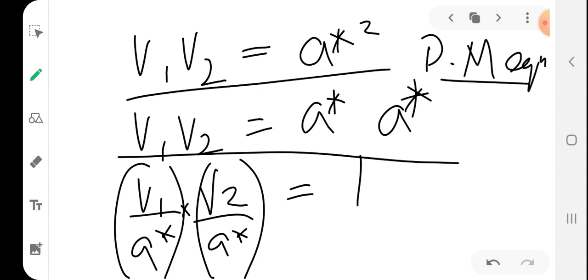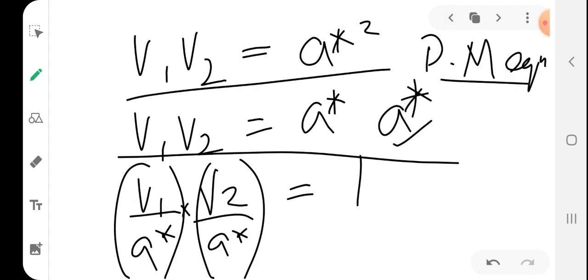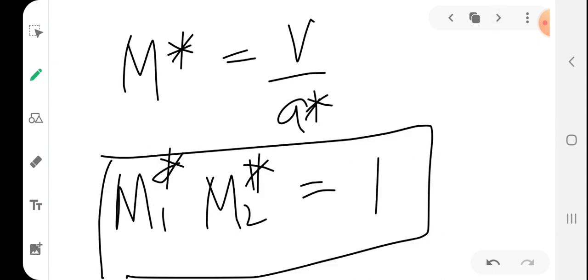I have rearranged this and transformed that equation to another form, that is M1 star into M2 star is equal to 1. So this equation connects the velocity upstream and downstream of a shock and the critical velocity of sound. The Prandtl Meyer equation can be written in another form, M1 star into M2 star is equal to 1. This equation gives the idea that the velocity change across a normal shock must be from supersonic to subsonic.